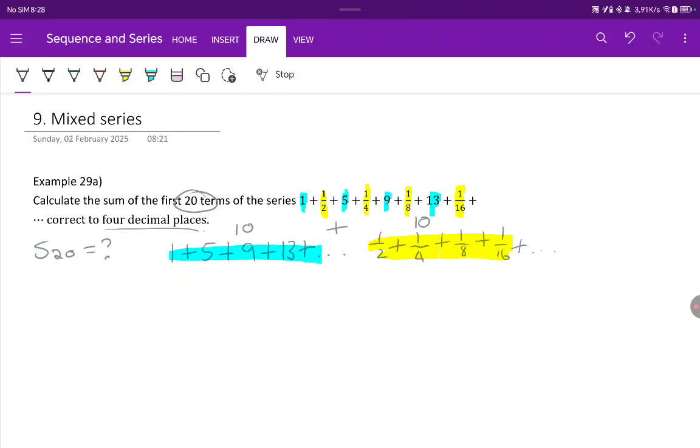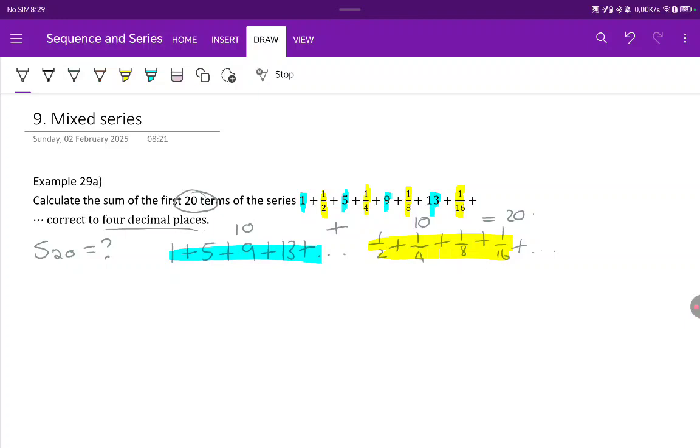And if it added up, they will then total 20 terms. So I want the sum to 10 terms of the first group, of the blue one, and I want the sum to 10 terms of the yellow one. If I add them up, they are then going to make a sum of 20 terms, mixed.